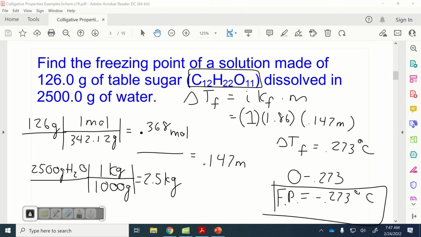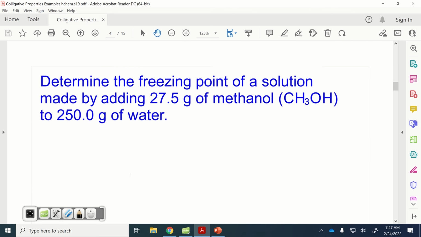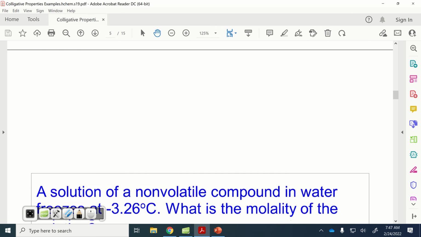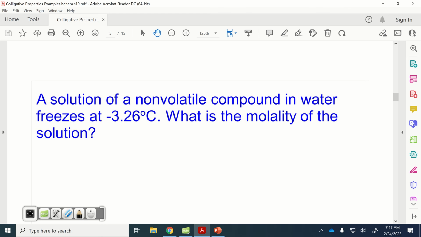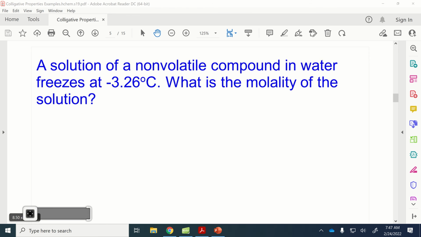All right. I want to do one where we actually have a Van Hoff factor. You can see on some of these other ones, they're usually just doing freezing point. I don't know why they're all doing freezing point. I'll show this one really quick, where it's showing you that the water will freeze at negative 3.26 degrees.